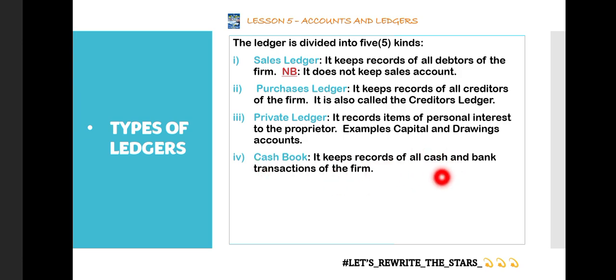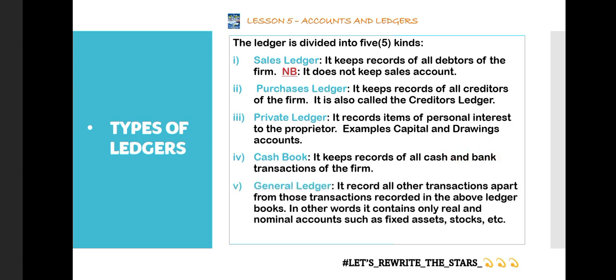So the cash book records both cash and bank transactions of the firm. We have three types of cash book, but we will discuss that when we are dealing with journals. All I want you to understand is that the cash book records both cash and bank transactions. I hope it's clear.